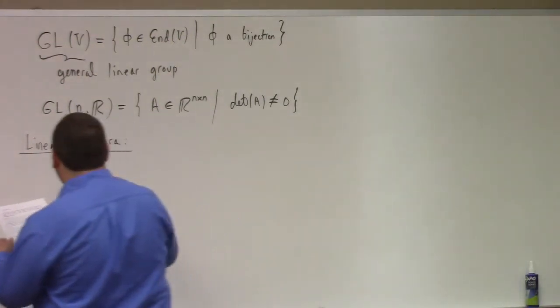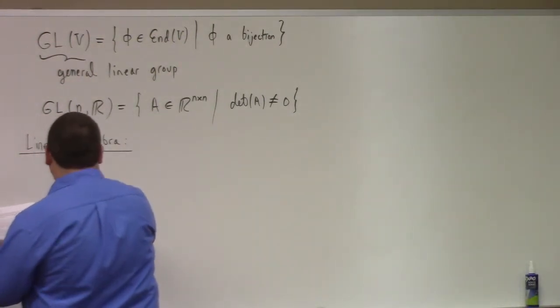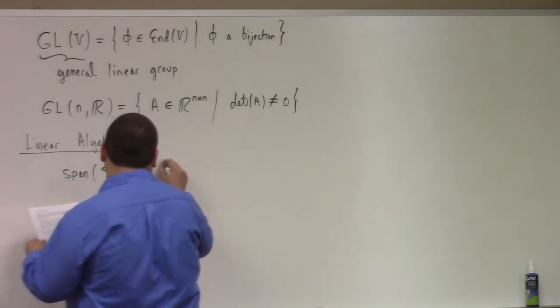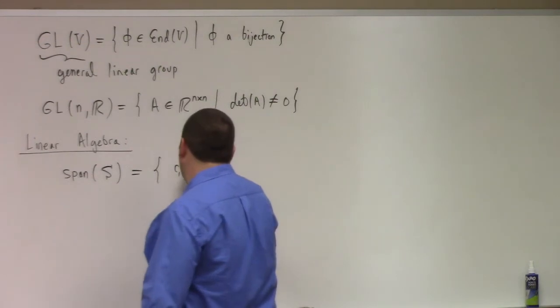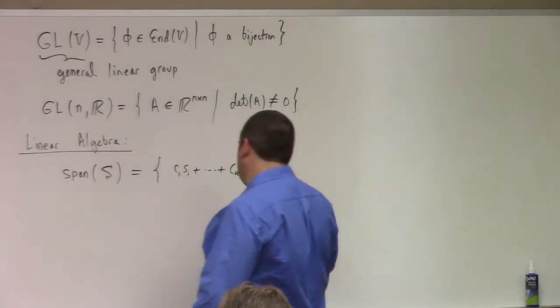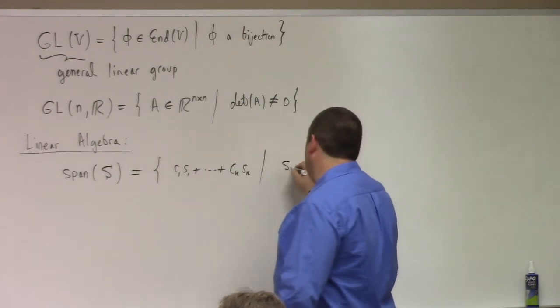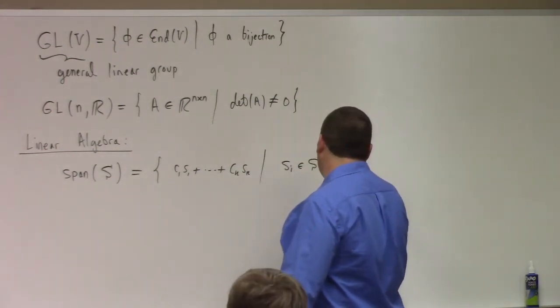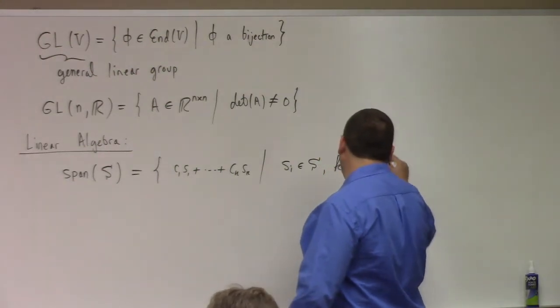So of course, we like to talk about what? The span of a set, right? So what's that? c_1 s_1 plus ... plus c_k s_k, such that s_i is in S and k is in the natural numbers.